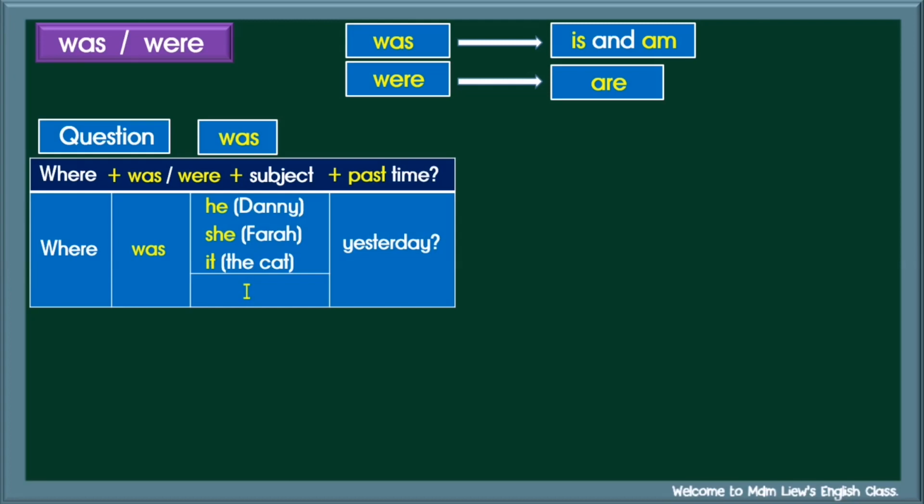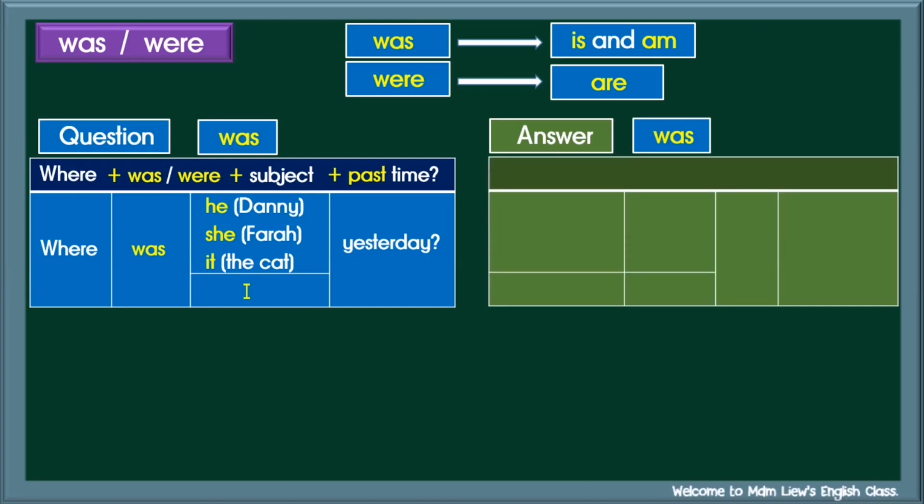Now, let's learn how to answer the questions with the be verb was. Let's look at the answer structure. Begin your answer with the subject. Let's start with singular subjects he, she, it, followed by the be verb was or were.